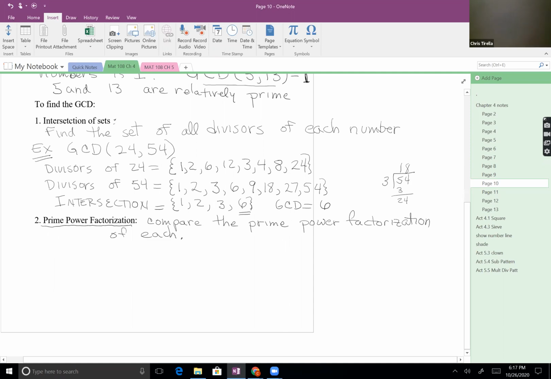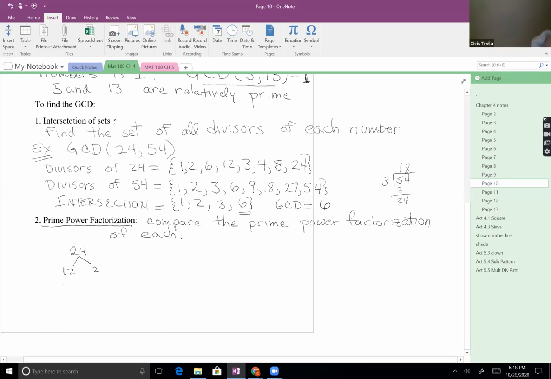If I remember correctly, last class we had 2 ways to find the prime power factorization. Should we do 24 one way and 54 the other, just so that we practice both ways? For 24, let's make a factor tree. Can anybody think of numbers that go into 24 evenly? 12 and 2.